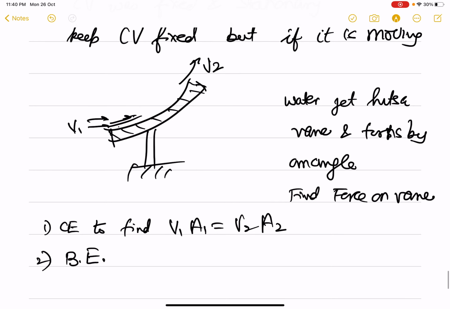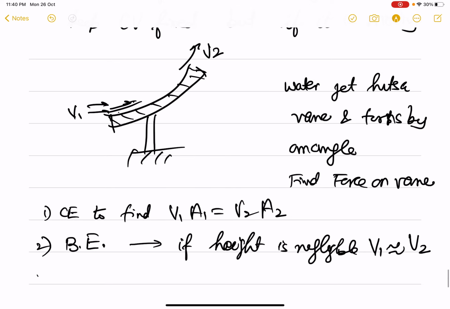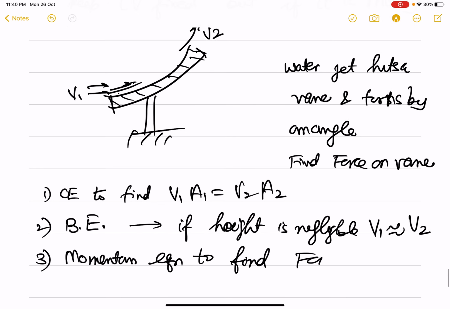We use Bernoulli's equation, and this gives us that if height is negligible, V1 is nearly equal to V2, and then we use the momentum equation to find the forces.